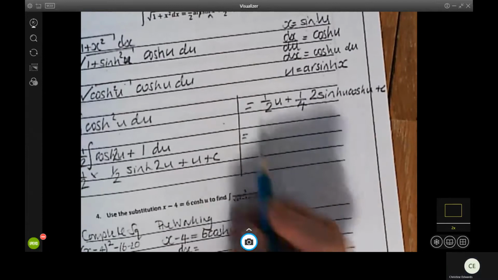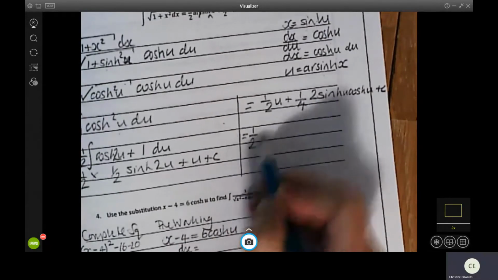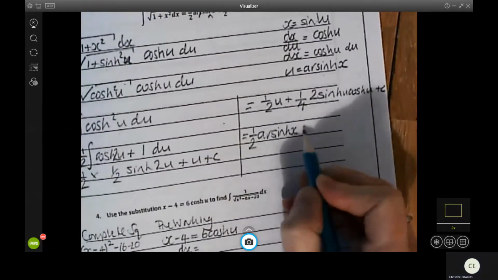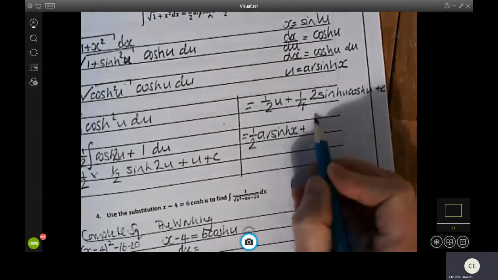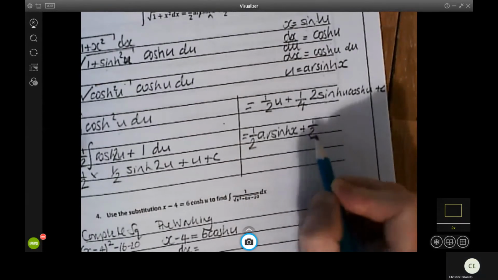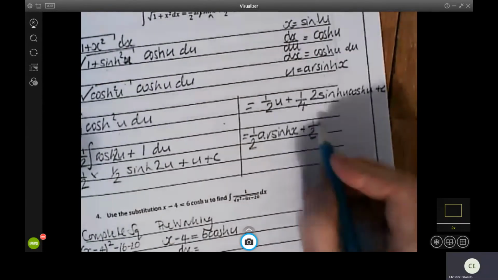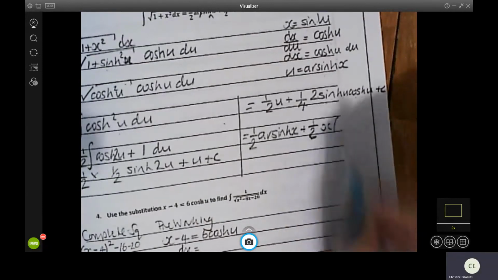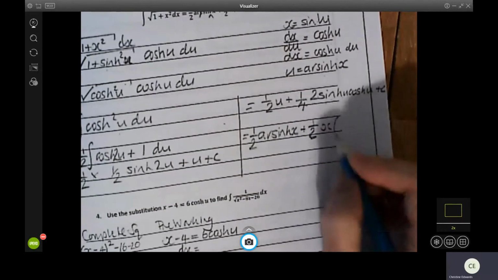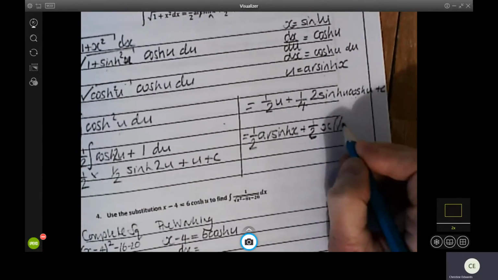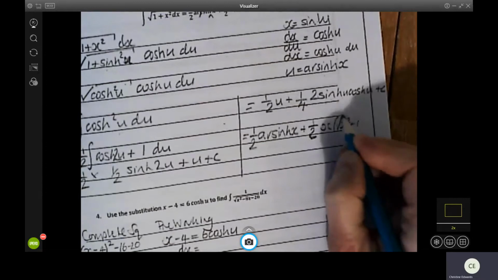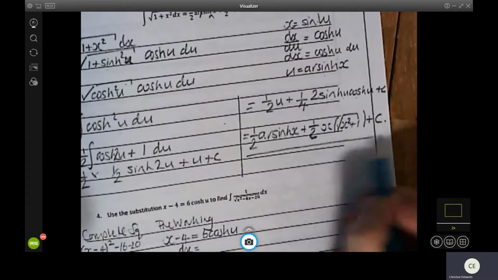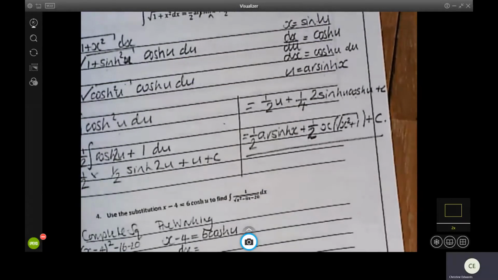So we have a half times u, which is a half arcsinh x, plus a half of sinh u is x, and then I need to multiply that by cosh u, and cosh u can be written having considered the identity. So that is the square root of x squared plus 1 plus c. And there I have the required result.